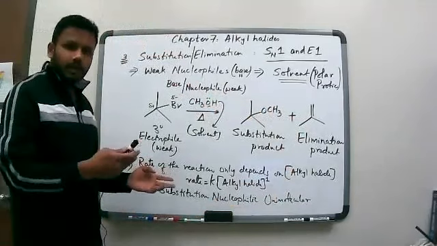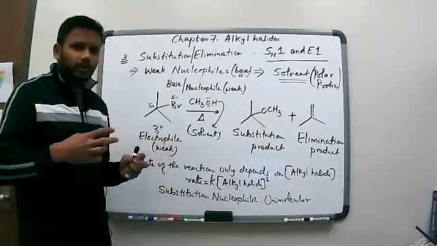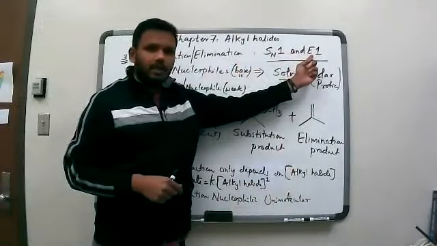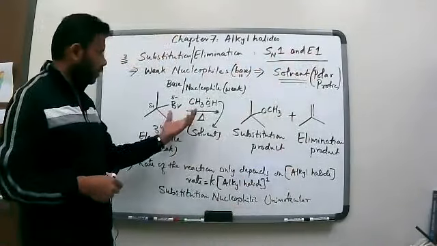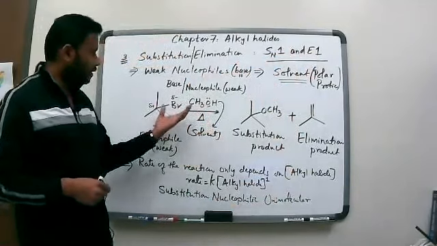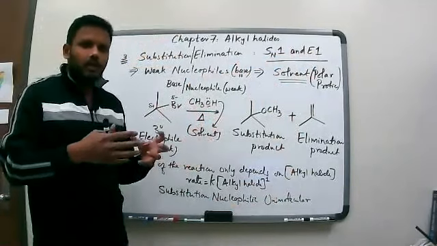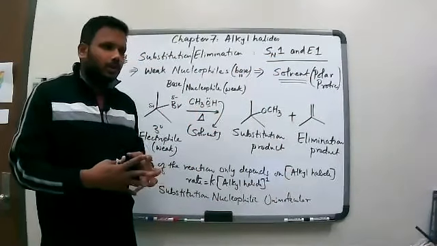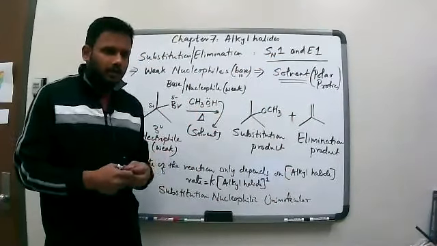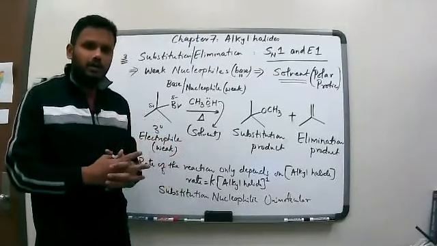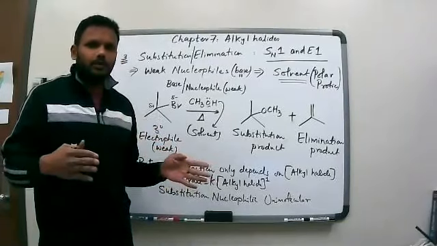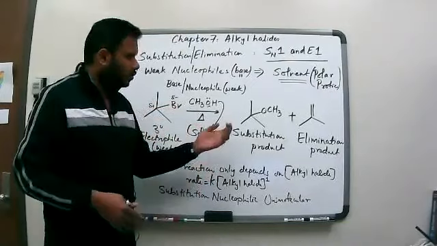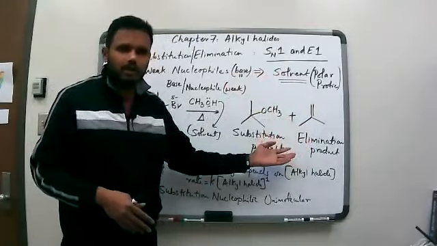The other thing I want to preview right now is that SN1 and E1, since they happen in scenarios like this where you have an alkyl halide with a solvent, always happen together simultaneously. There are exceptions, but it's very hard to tease them apart. If you try to do an SN1, you're going to get E1 product at the same time.